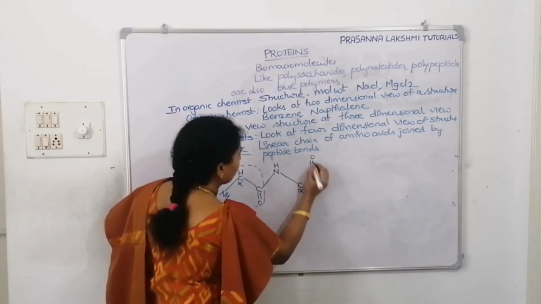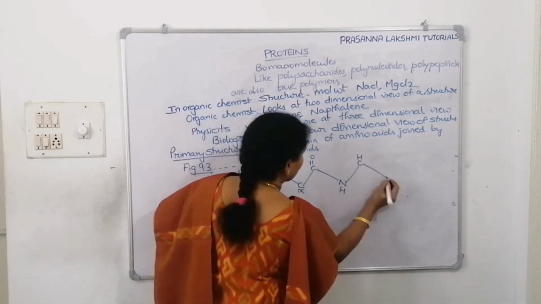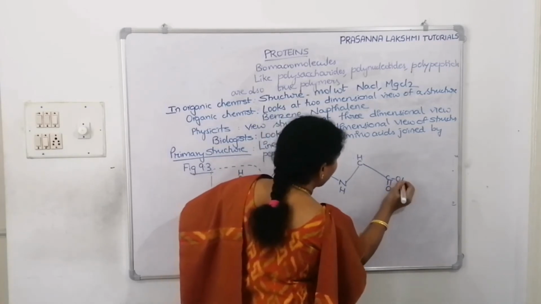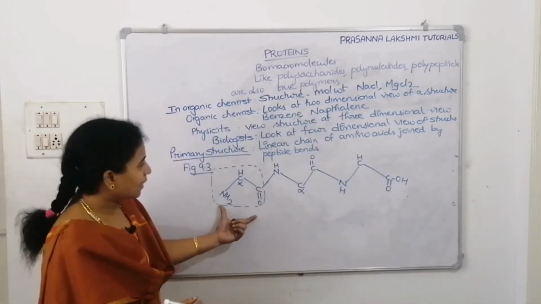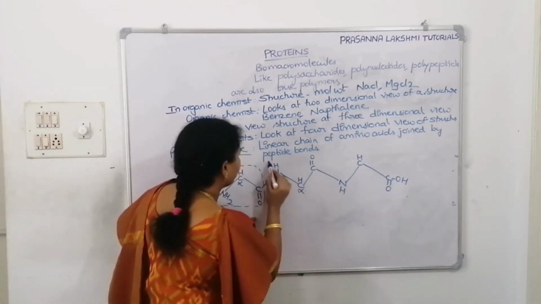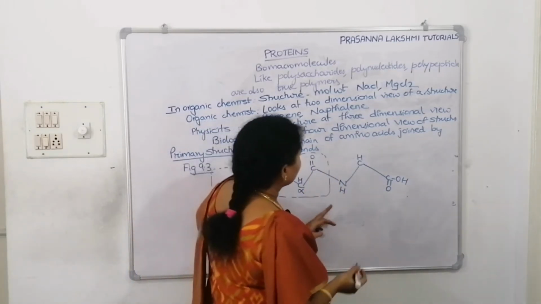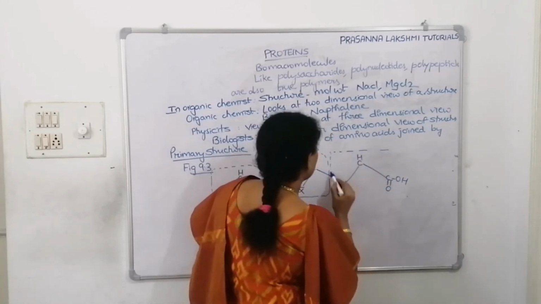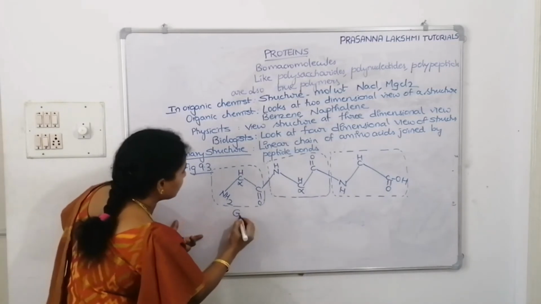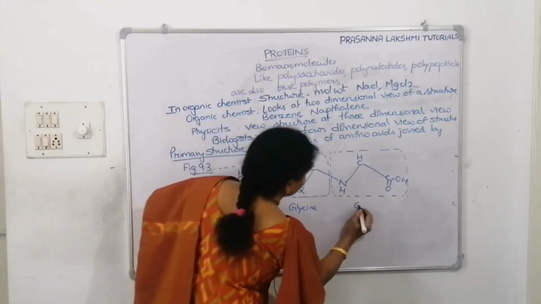Then C double bond O, then NH, then alpha carbon, and this will be C double bond O, OH. So what I drew here is one glycine, another glycine, and this is the third glycine molecule. I have drawn a tripeptide with three glycine molecules.